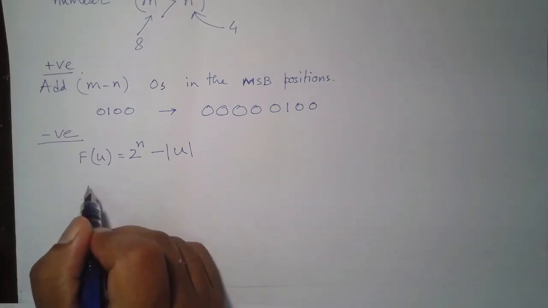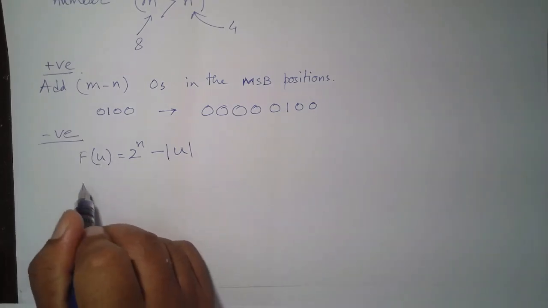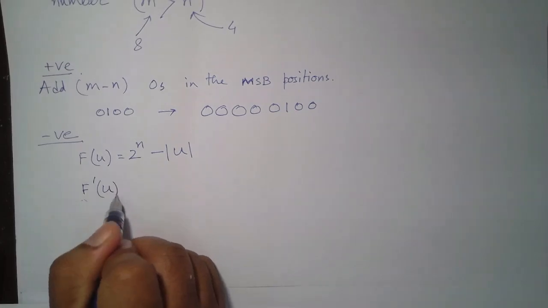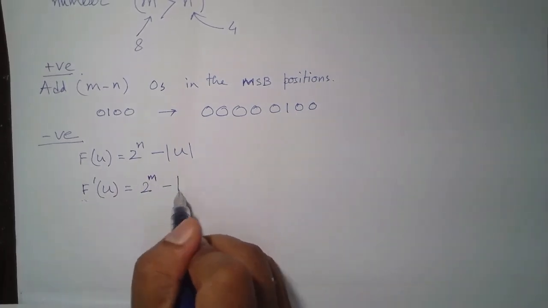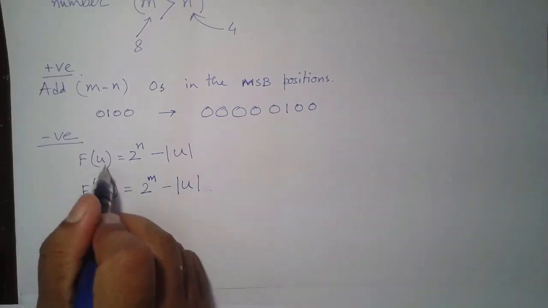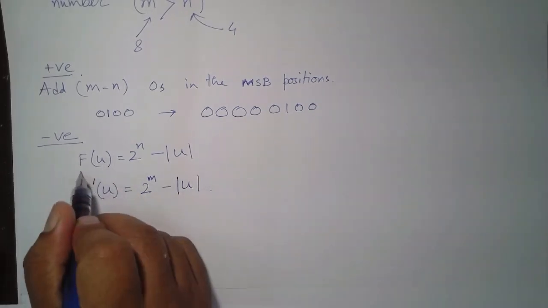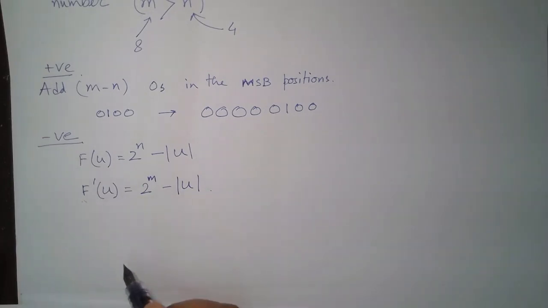So in the m bit number system, let us say it is represented as f dash u, and the representation is 2 to the power m minus u. So we have to find out the relation between this f of u and f dash of u, this mapping.